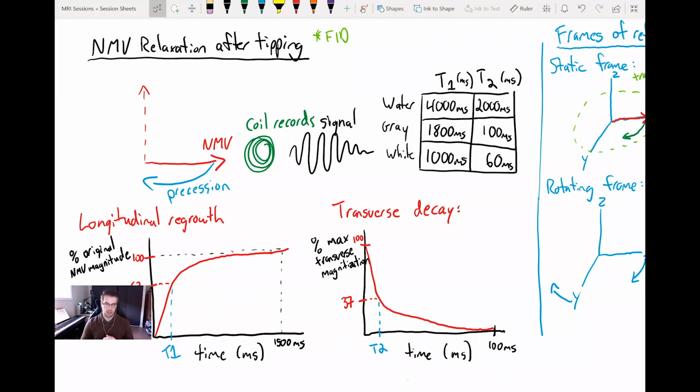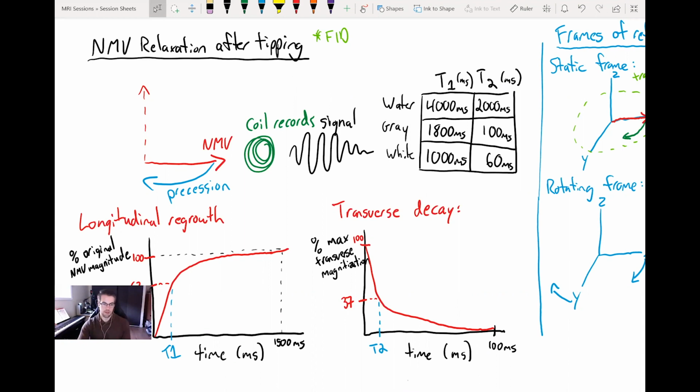And lastly, we talked about how once you terminate that B1 field, the NMV undergoes relaxation, which is basically just returning from its tipped or excited orientation back to its equilibrium aligned with the B0 field, and the evolution of that NMV happens in a mathematically describable way, such that our longitudinal regrowth occurs in an exponential growth pattern, with a constant T1 describing how long it takes for the magnetization to regrow to 63% of its maximum.